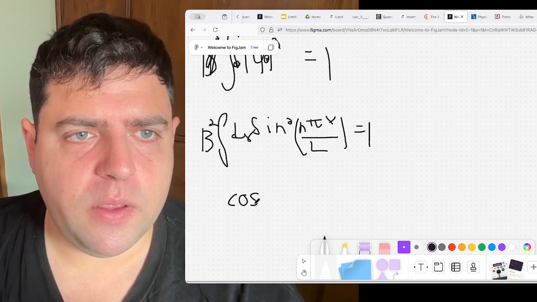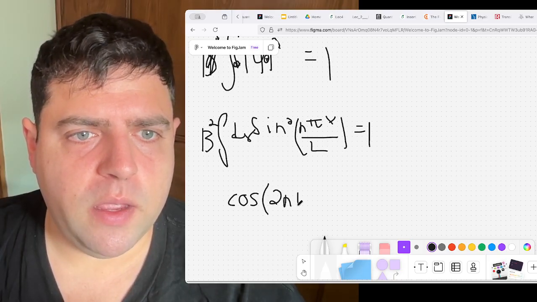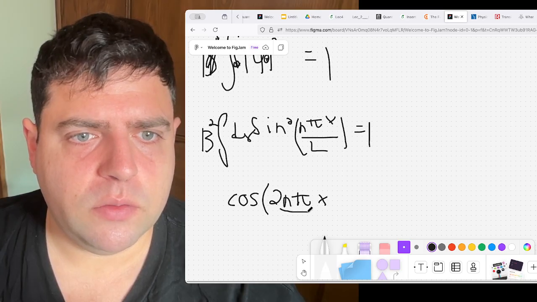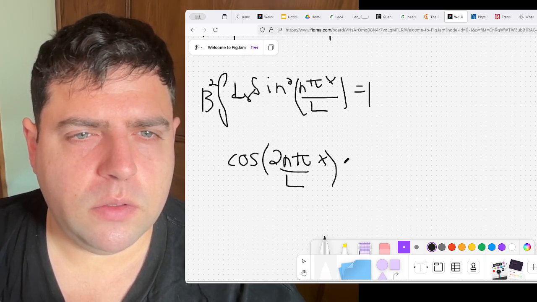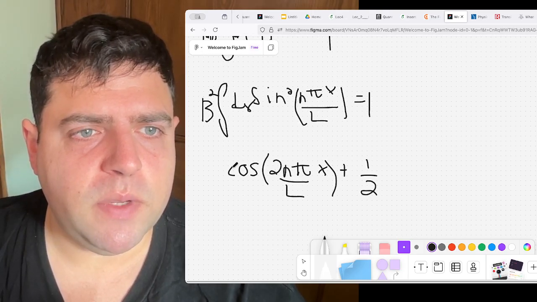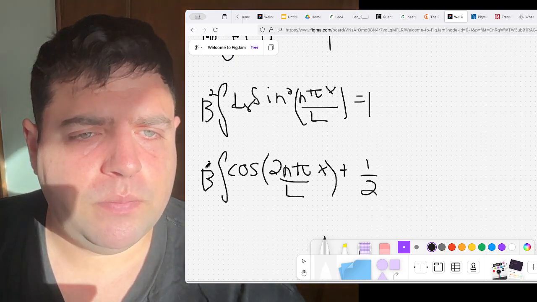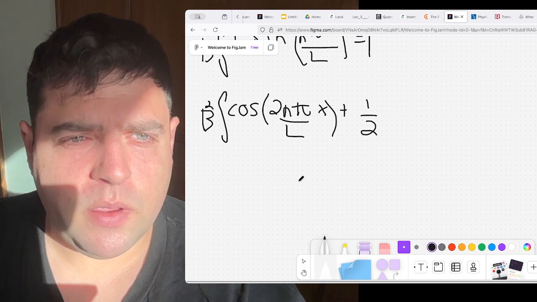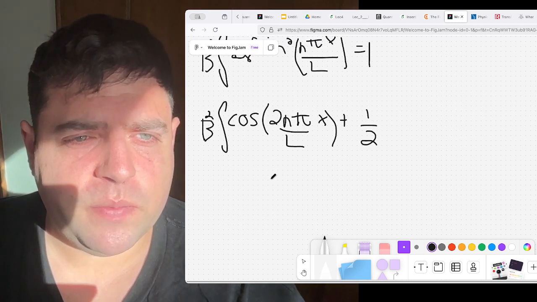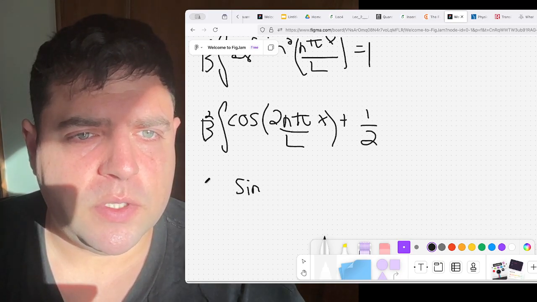I believe you're actually equal to cosine 2nπx over L plus 1/2, let's say. Is that right? Maybe it is. Let's hope so. And then we integrate this to obtain sine.